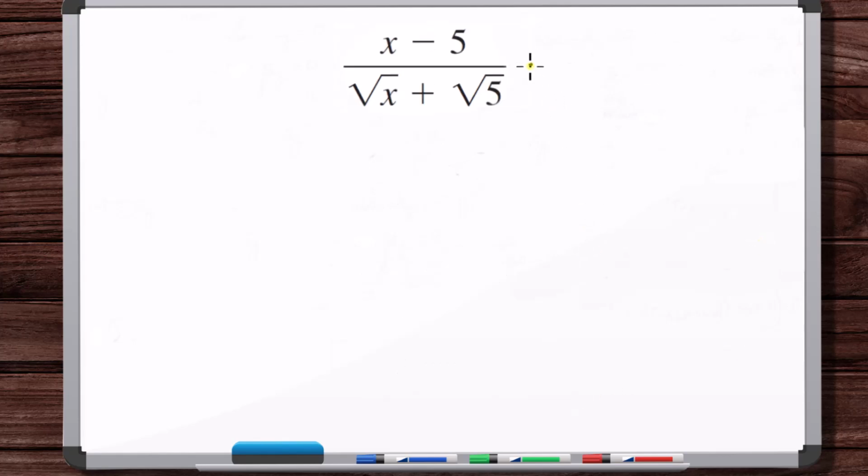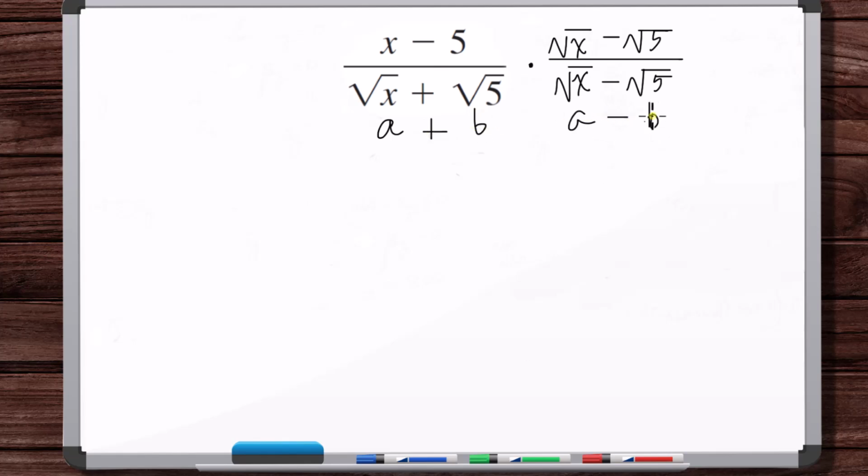Okay, same idea here. Let's multiply by 1 in the form of the conjugate of the denominator. And so this is a plus b, this is a minus b.